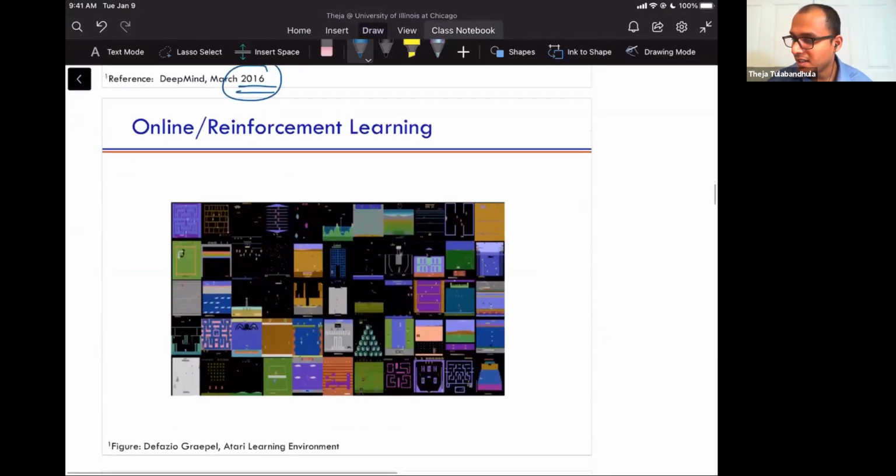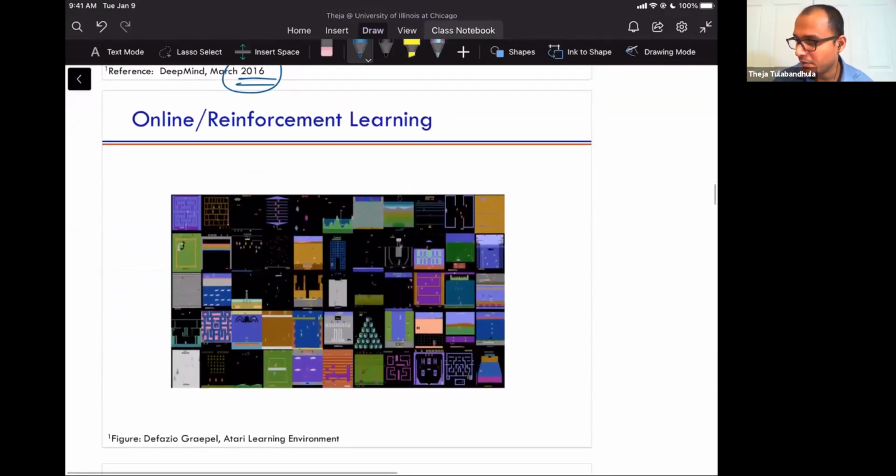A simpler example, from about 5 to 8 years ago, is a precursor. This is an image of a bunch of Atari games, just 2D games that you play.